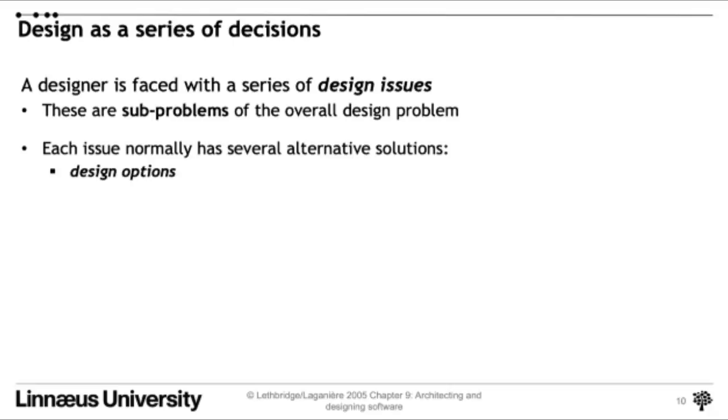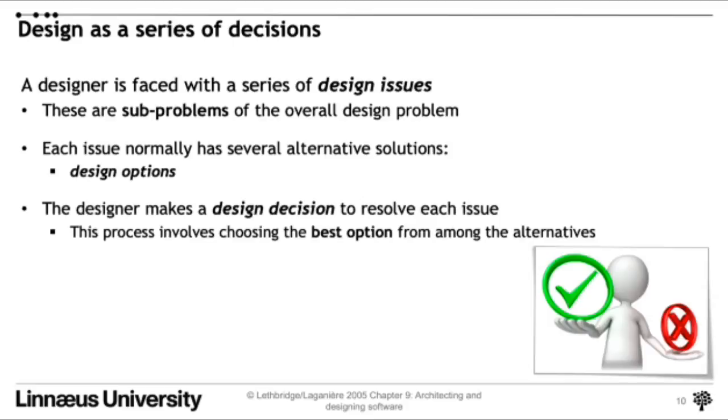Each issue normally has several alternative solutions, and these solutions are called design options. Our goal as designers is to make a design decision and resolve each single issue in isolation, and then put together all these solutions in order to provide the final product.